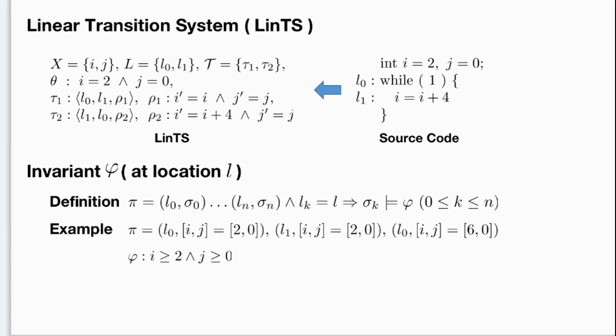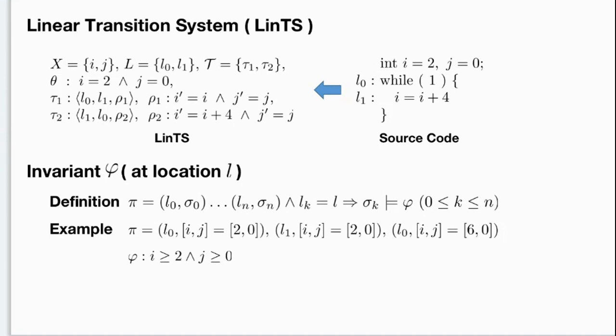T is a finite set of transitions where each transition tau is a triple specifying the jump from the current location to the next location with a guard condition. Theta is a linear assertion that specifies the initial condition at the initial location L sub 0.